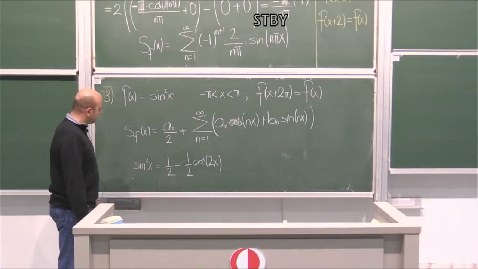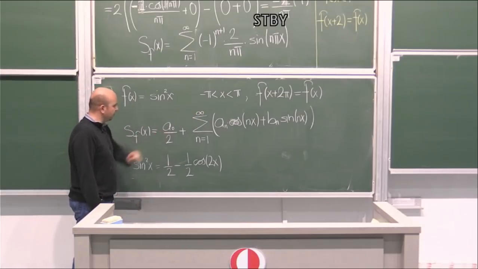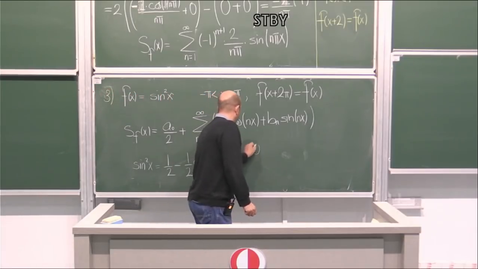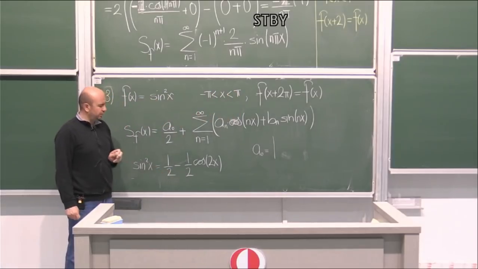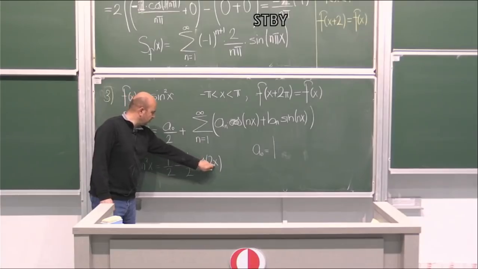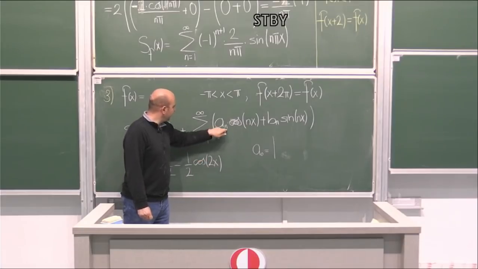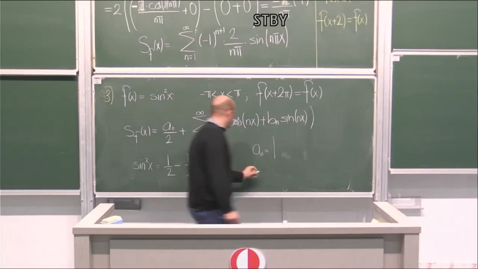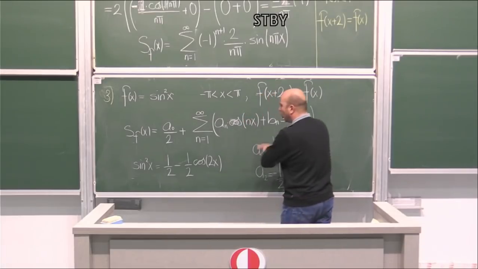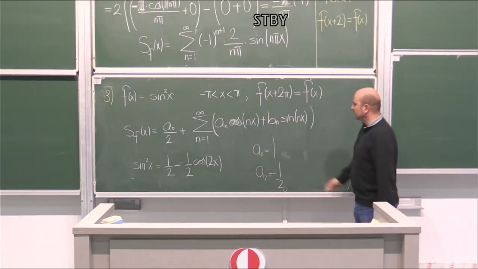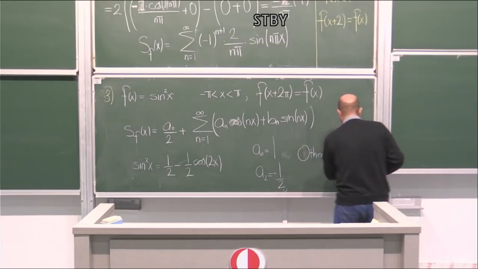So if you look at now, in this expansion, if I take a0 as 1, then I catch the constant term. If I take cosine nx, if n is 2, then I get cosine 2x. So if I take a2 as minus 1 over 2, and all the others are 0, otherwise 0.